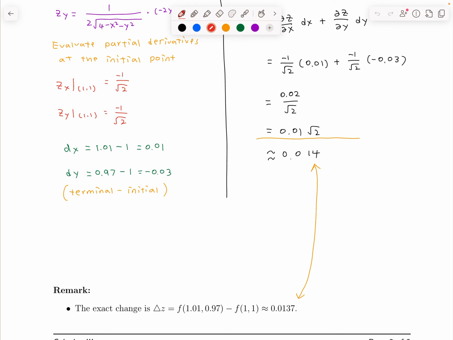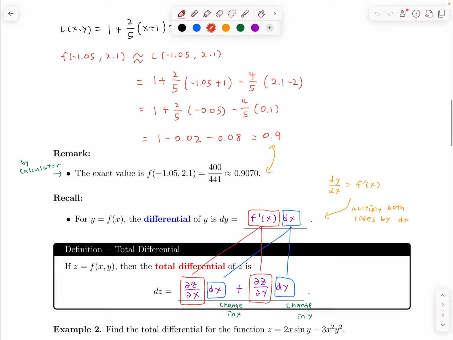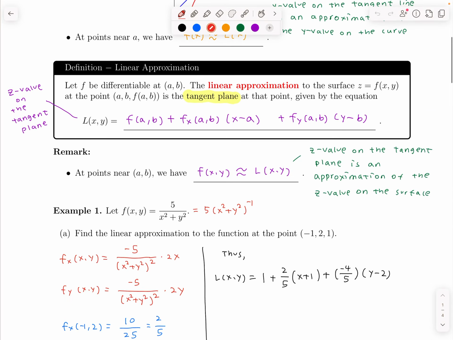The linear approximation is basically the z value on the tangent plane, and we would like to use the z value on the tangent plane to be the approximation of the z value on the surface. Once you know the formula, it's really straightforward.